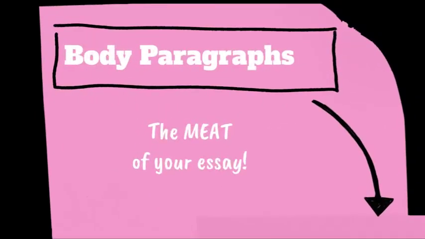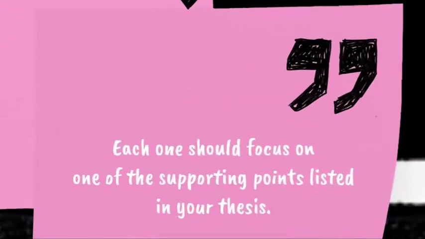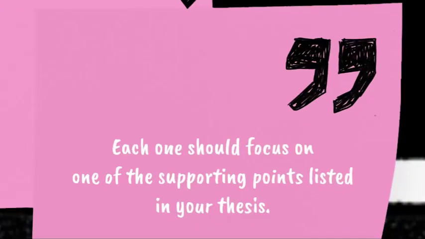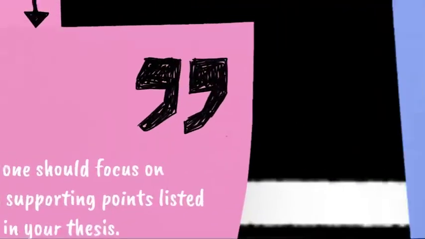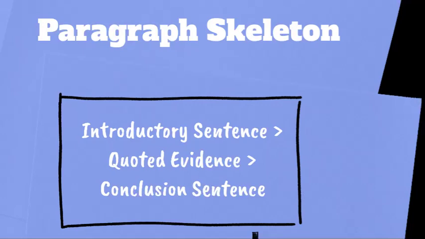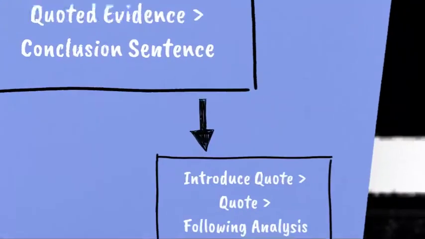Body paragraphs. Body paragraphs are the meat of your essay. Each one should focus on one of the supporting points you've listed in your thesis. So, start each paragraph with an introductory sentence that clearly states what the paragraph is about. I give an example here.